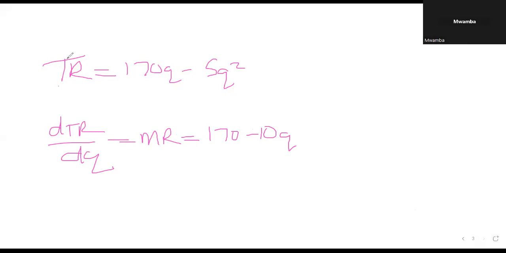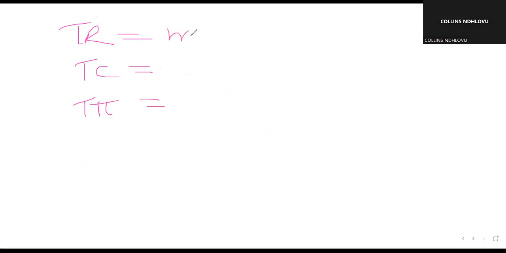So we have total revenue, we have total cost, we have total profit. When we differentiate these, the total revenue becomes what? Marginal revenue. When we differentiate total cost, we call it marginal cost. When we differentiate total profit, we call it what? Marginal profit.